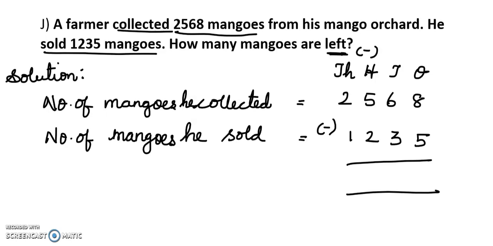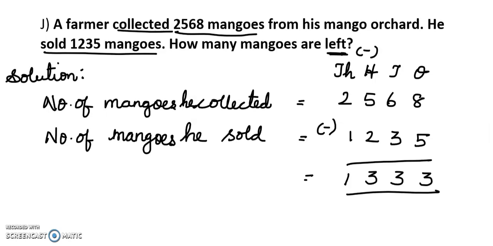So 8 minus 5, 5 after 6, 7, 8. So 3. Next 6 minus 3. 3 after 4, 5, 6. So 3 is the answer. Next 5 minus 2. 2 after 3, 4, 5. Then again 3. Next 2 minus 1. 1 after 2.